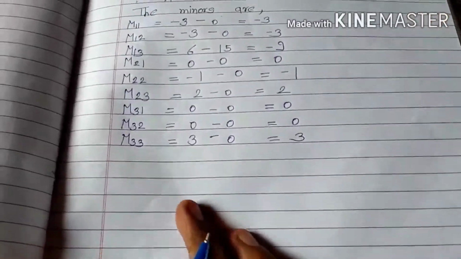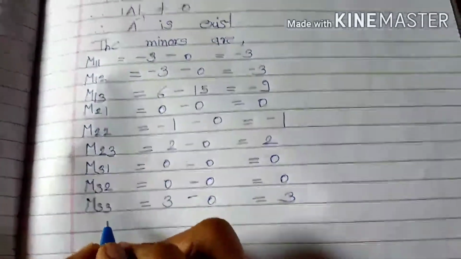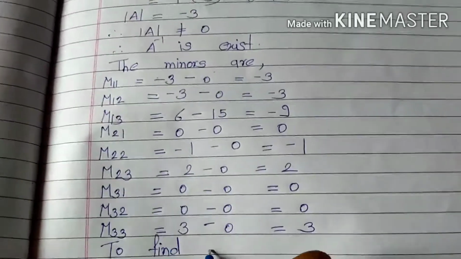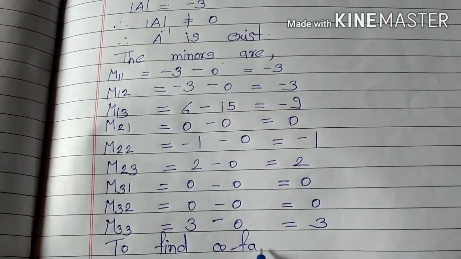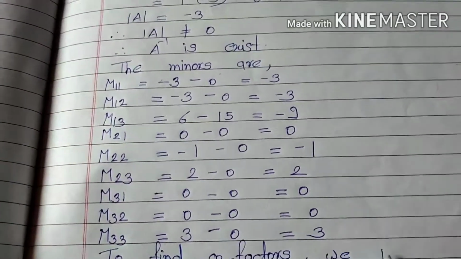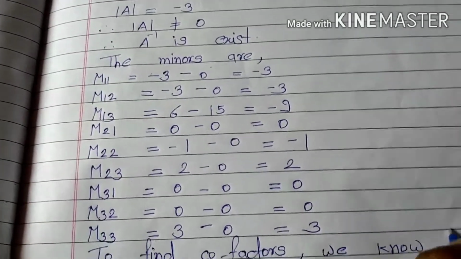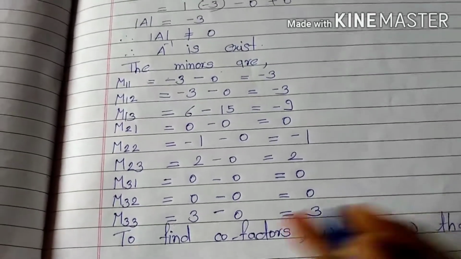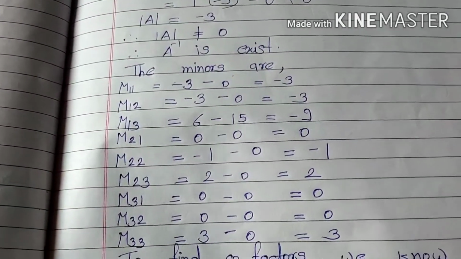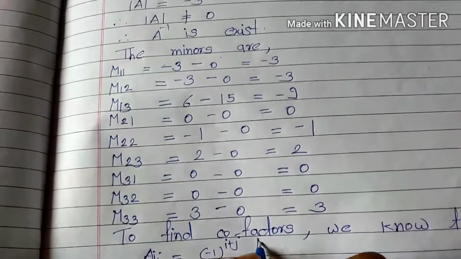Now we have to find cofactors. To find cofactors, we know that Aij is equal to minus 1 raised to i plus j into Mij.